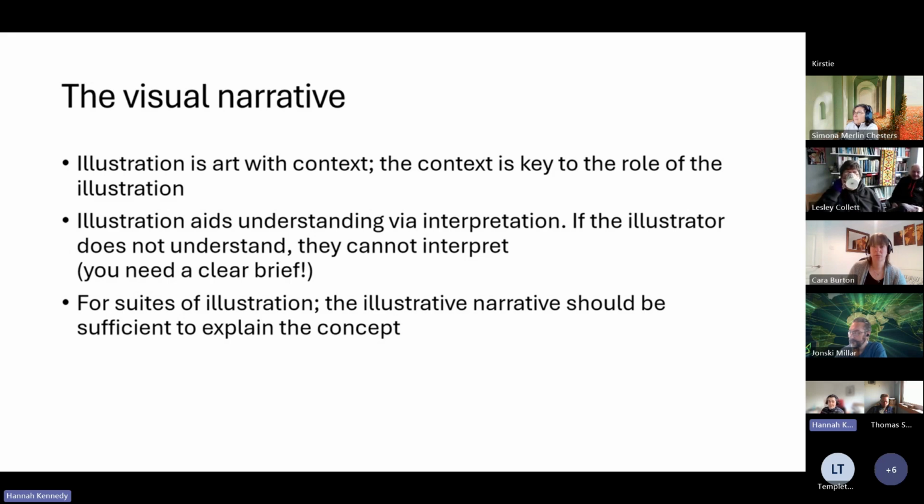So the first thing that I really wanted to underpin is that without a clear brief or a clear idea of what it is you're trying to put through, you're not going to be able to create a good, accessible illustration because you can't interpret something you don't understand.